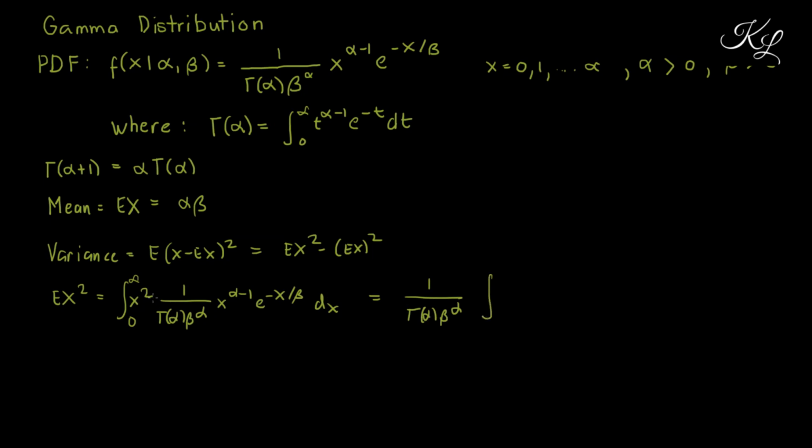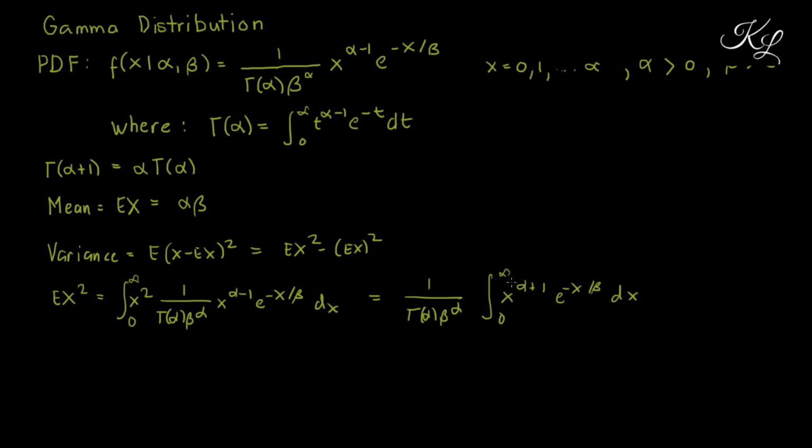We have x raised to alpha minus 1 plus 2, which is alpha plus 1. Then we have the rest of the terms from 0 to infinity.